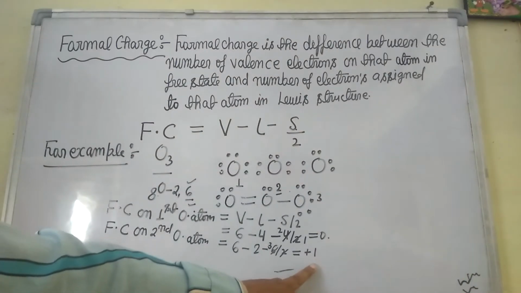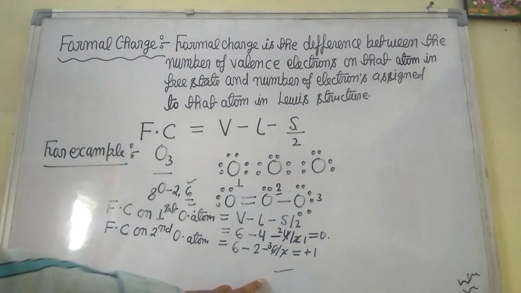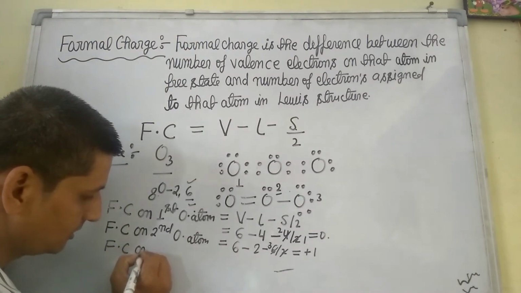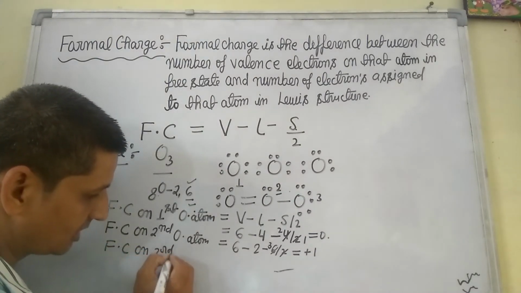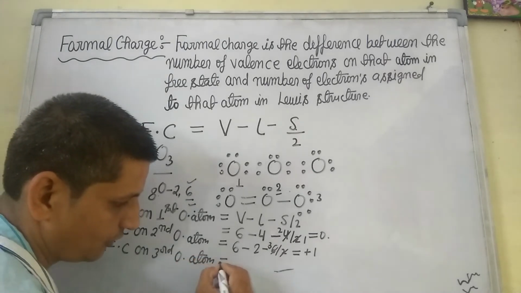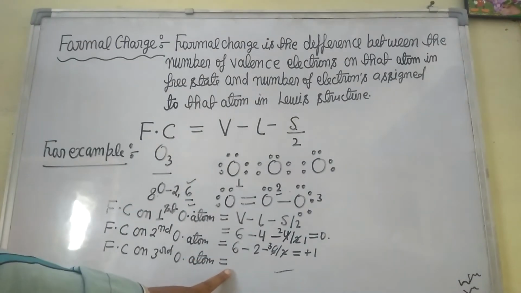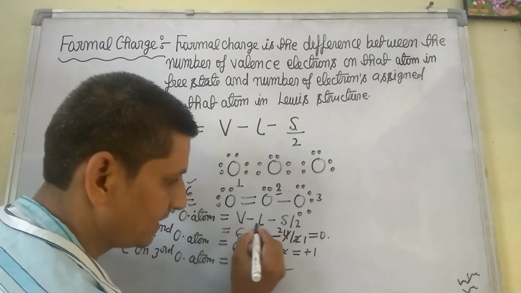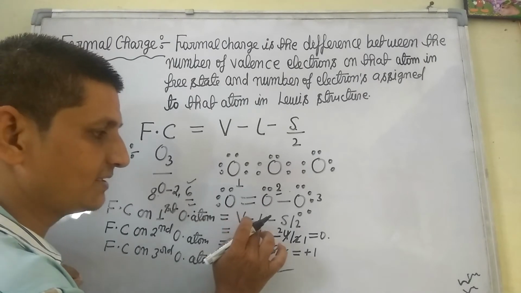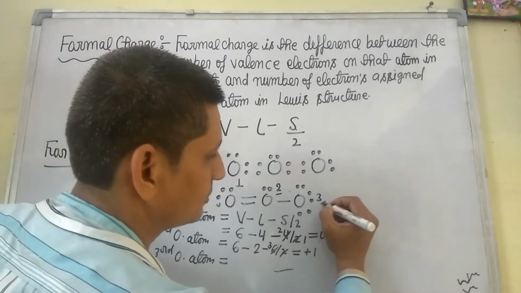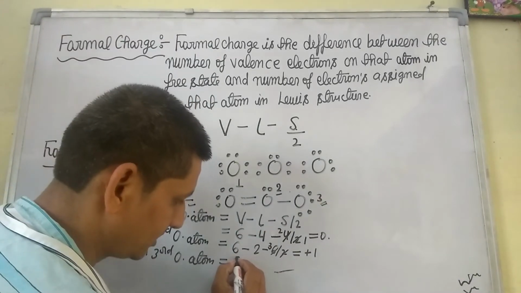Okay students, I hope that you can understand it very well. After this, the formal charge on the third oxygen atom is equal to V minus L minus S by 2. The valence electrons on the third oxygen atom are also 6.